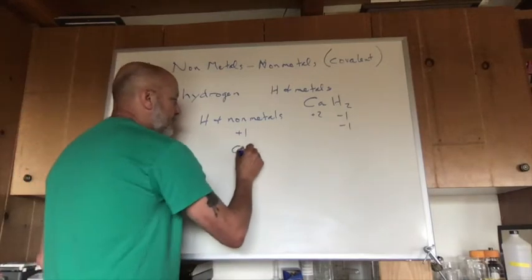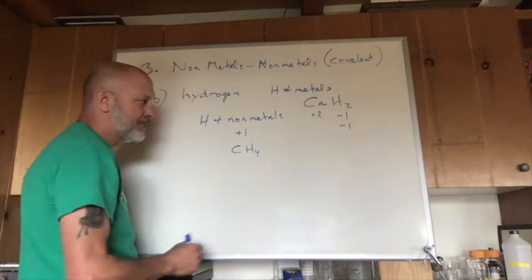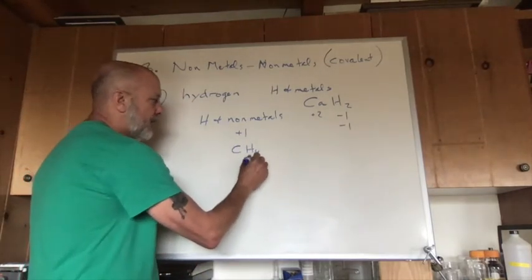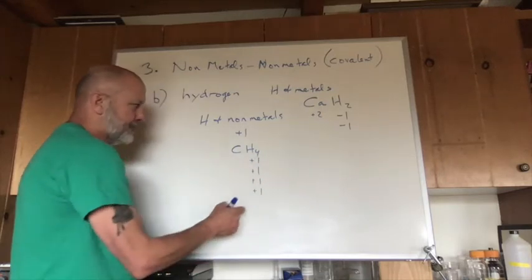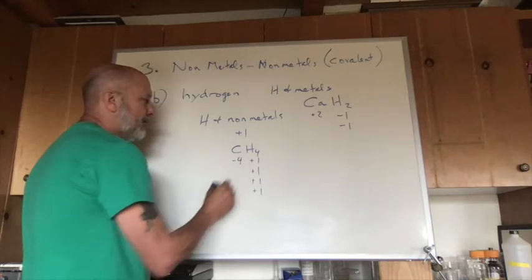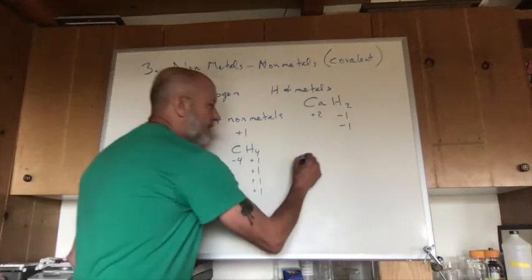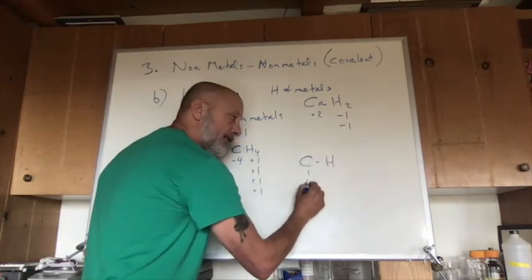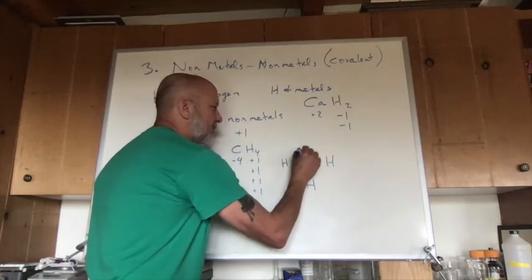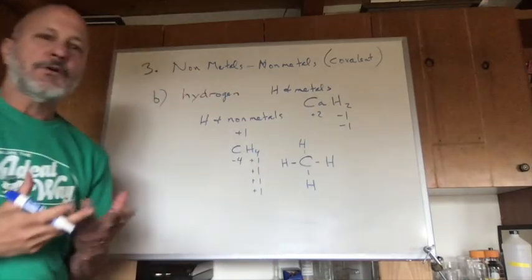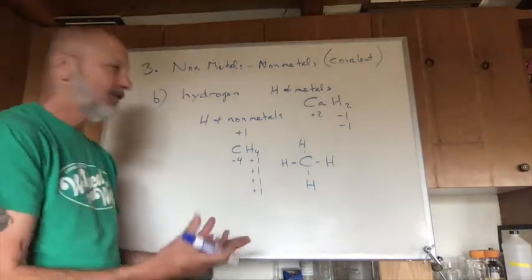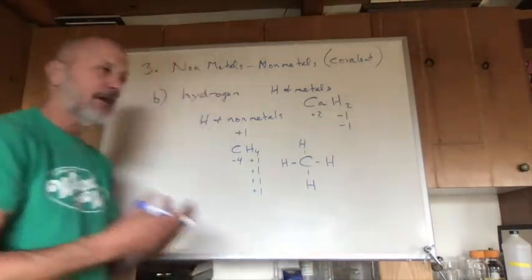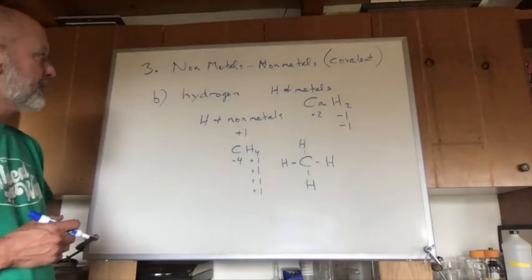So in a compound like CH4, I've got 4 hydrogens, give them each a +1 state, and then carbon is going to have a -4 oxidation state. Again, covalent compound. Those are not the charges. They're simply these things called oxidation states where we can keep track of who is sharing the electrons, or is it changing its arrangement to something where it has less share of those electrons.